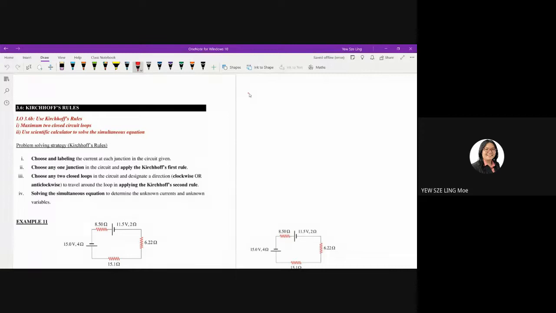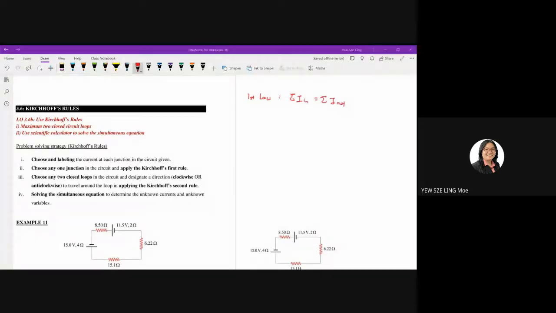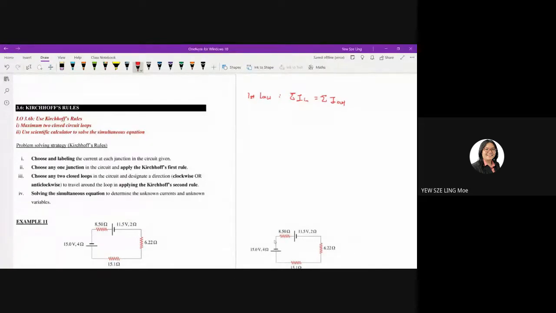When it comes to the first law, the equation that we use is the summation of I in equals the summation of I out. You are looking at the current flowing into a junction and the current flowing out from a junction. So the current entering a junction must equal the total current leaving the junction. Why?